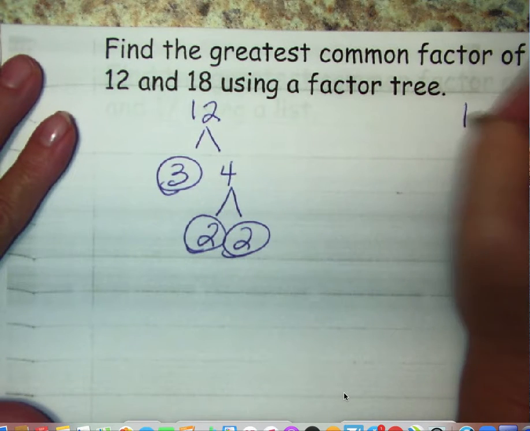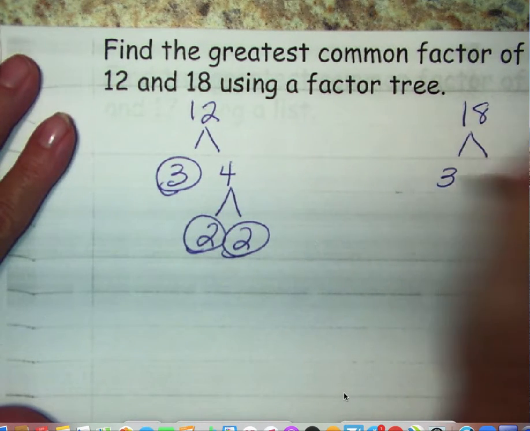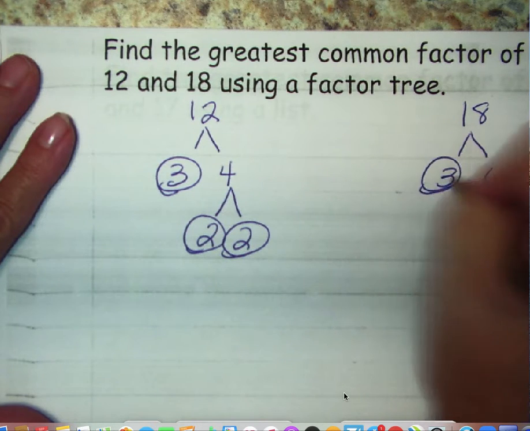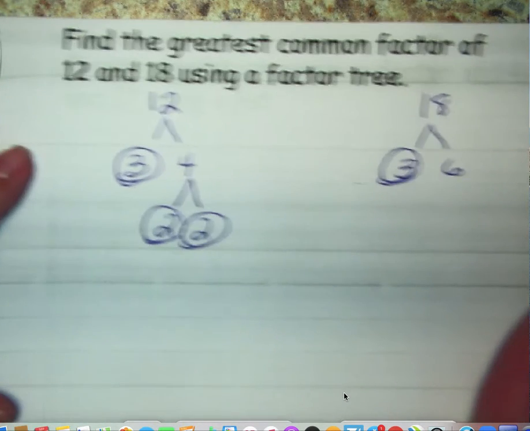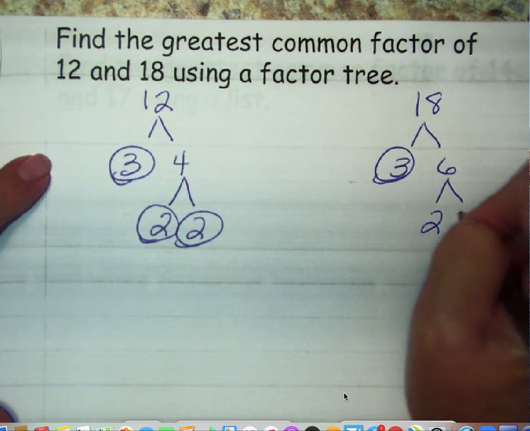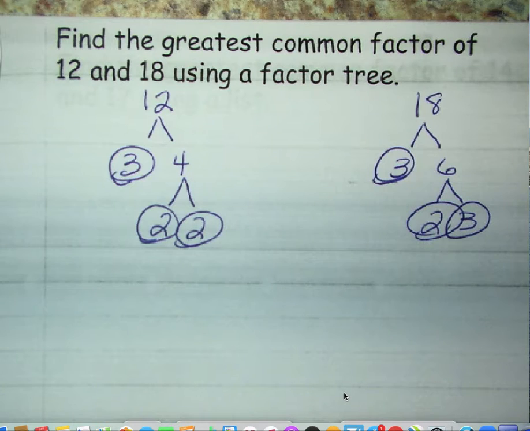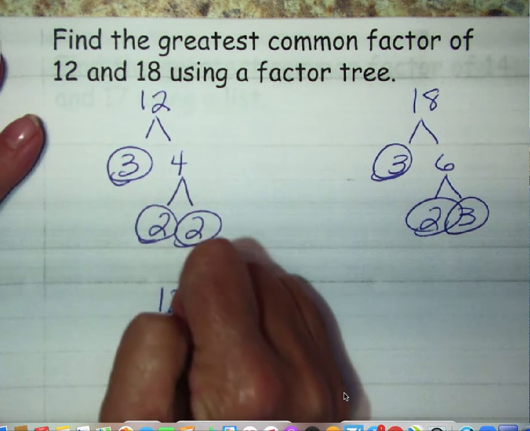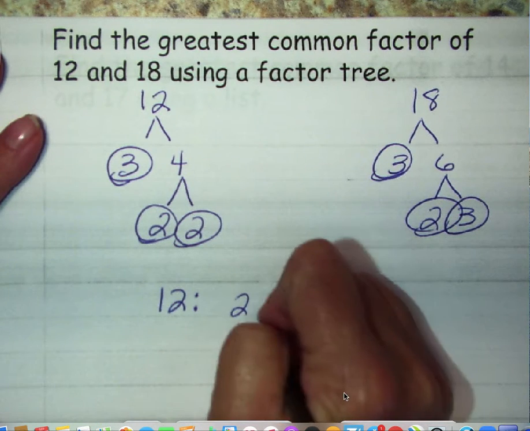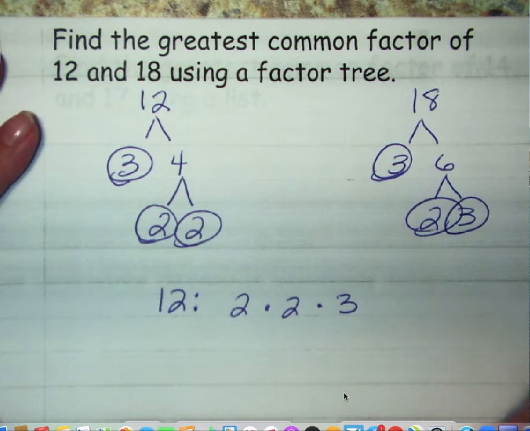Okay? 18, I'm going to do 3 and 6. Because isn't 3 times 6, 18? Of course it is. Now I'm going to factor my 6. 2 and 3. And I can't factor it anymore. Okay? So my prime factorization of 12 is 2 times 2 times 3.